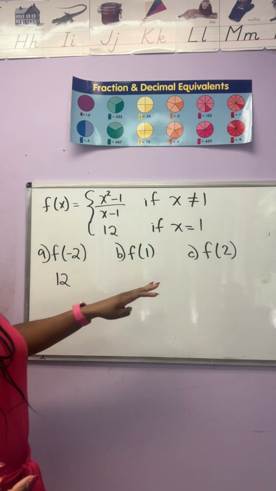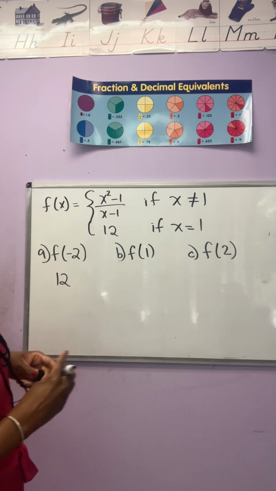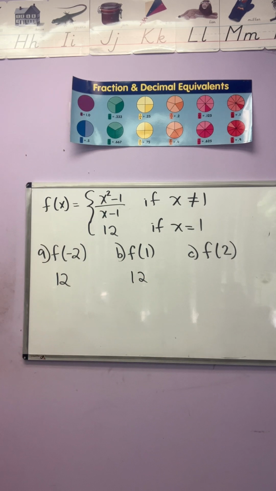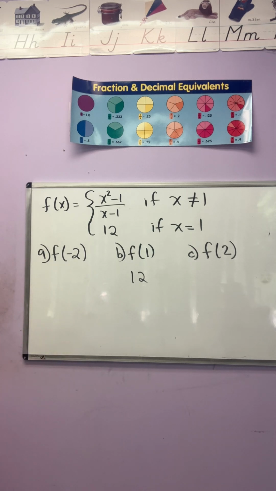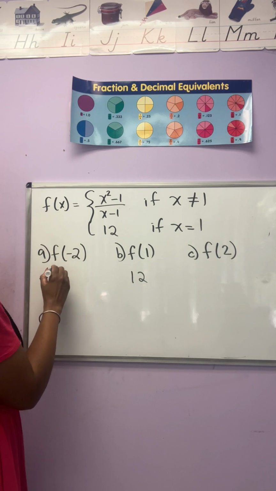Oh, I'm sorry. That one is 12. This one we actually have to plug in for a. So if x is not equal to 1, we use the top equation. Okay, so let's use the top equation, but it's still not going to be crazy.